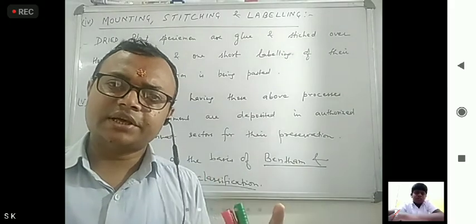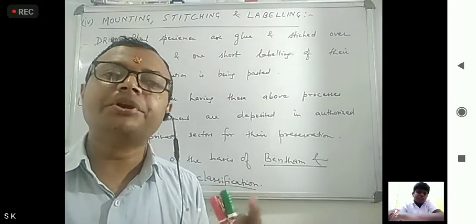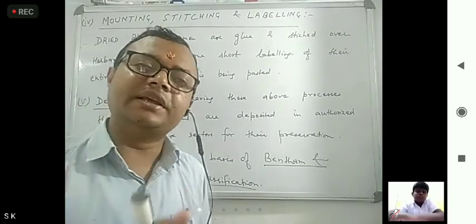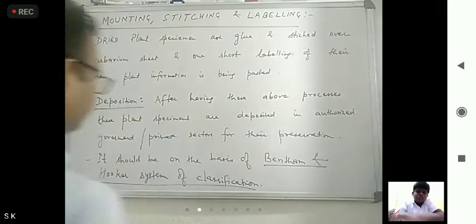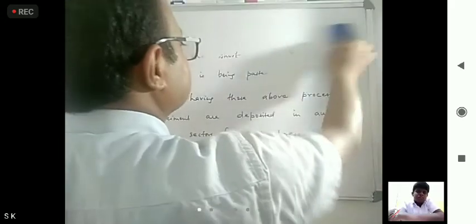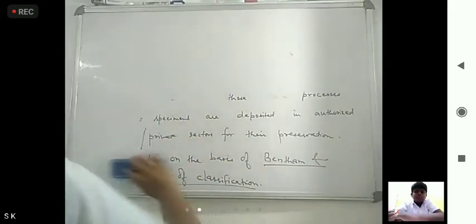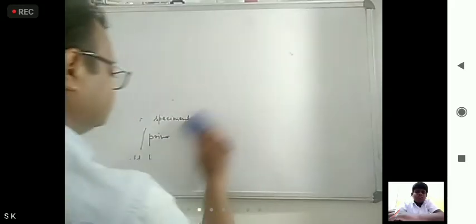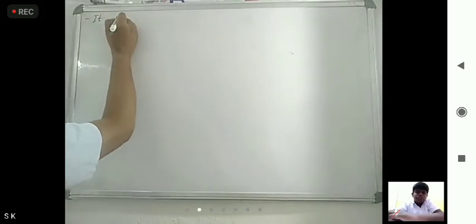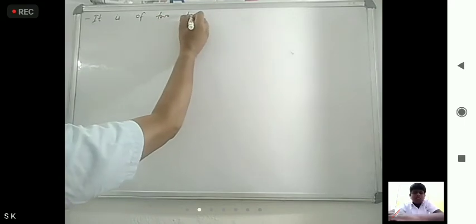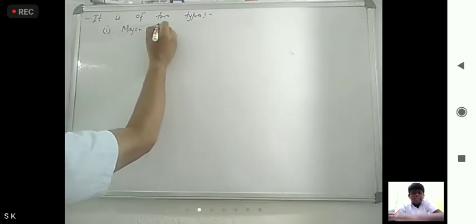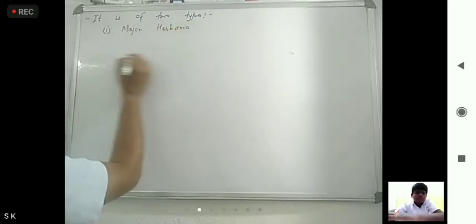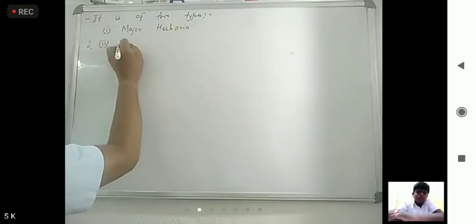The first scientist was Cecil Pinot, who made the first herbarium containing 768 plants, that you have to know.